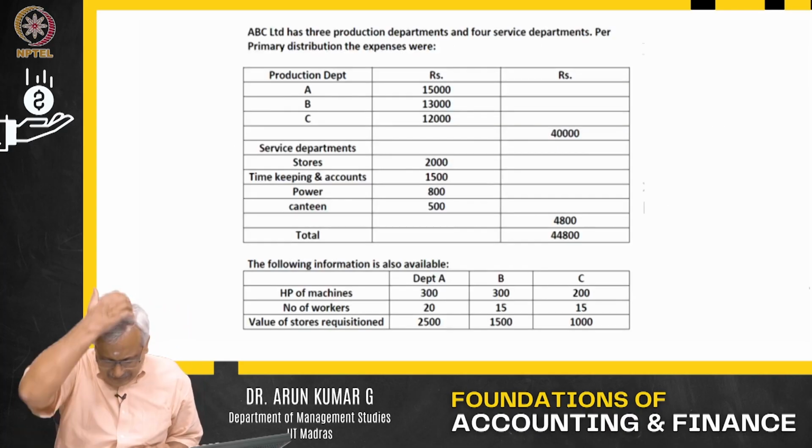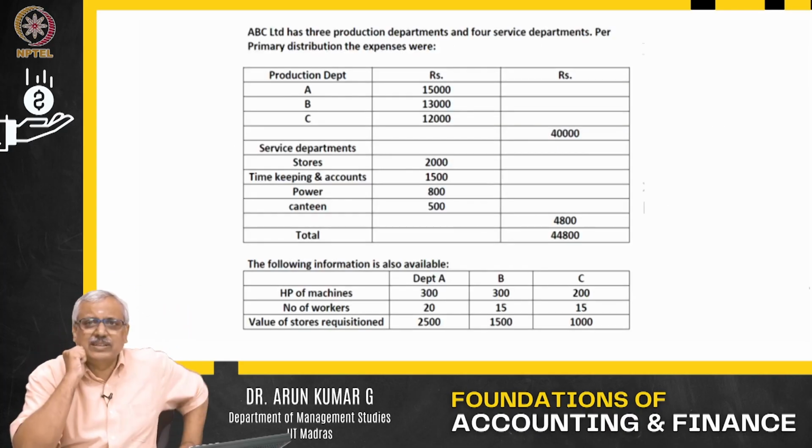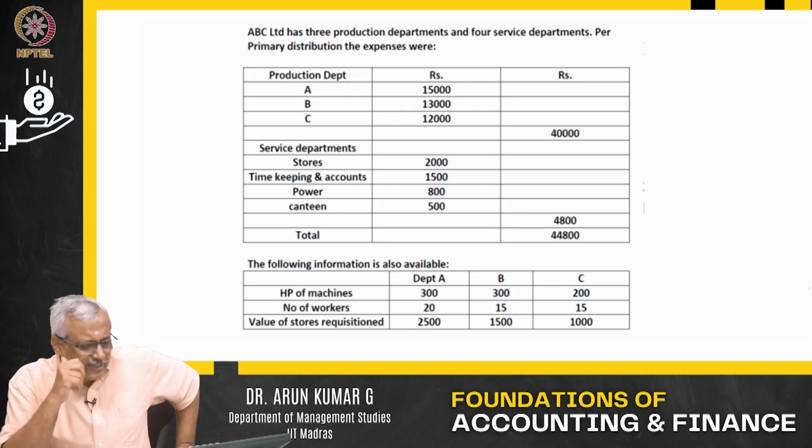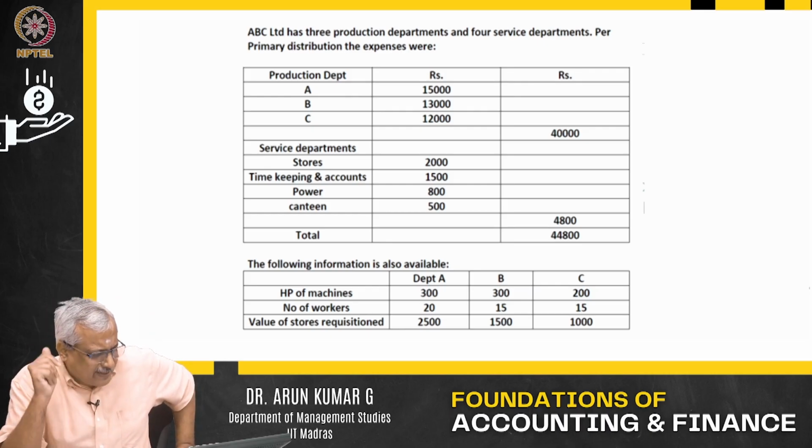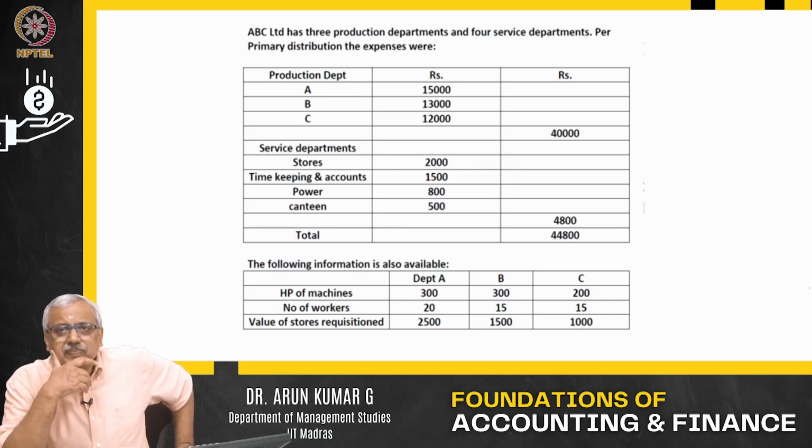I think I have an example illustration of the conventional system in this particular case. Now you see there are 3 production departments A, B and C. Service departments: there is stores, there is time keeping and accounts, there is power, there is canteen, and there is a cost there.